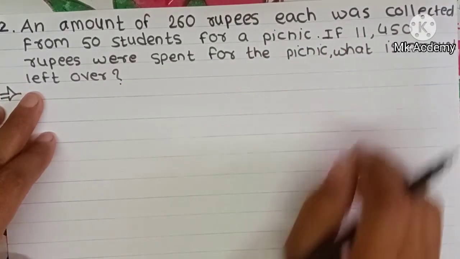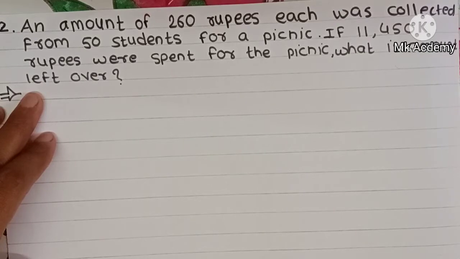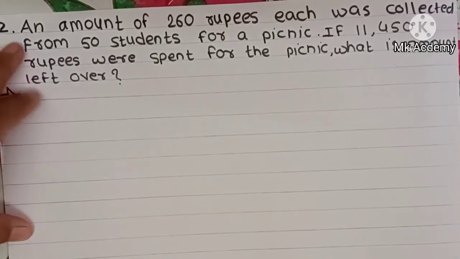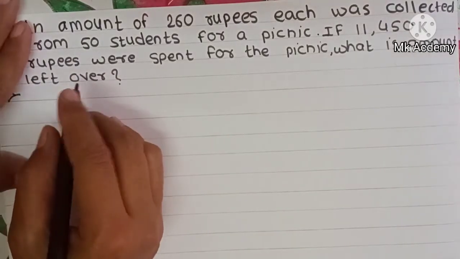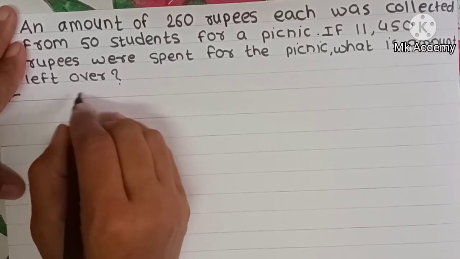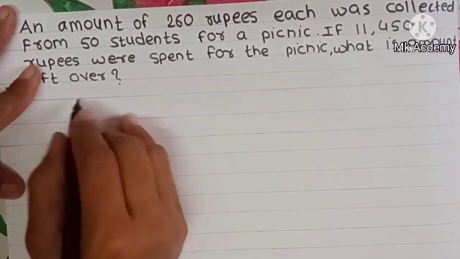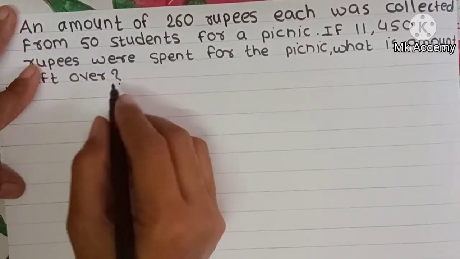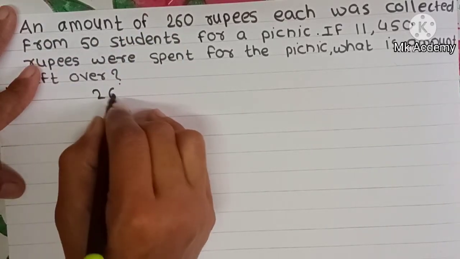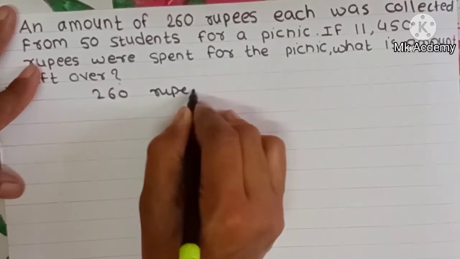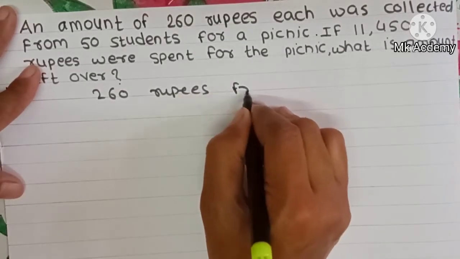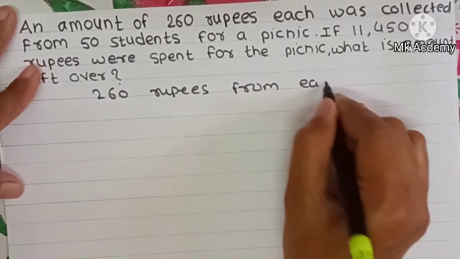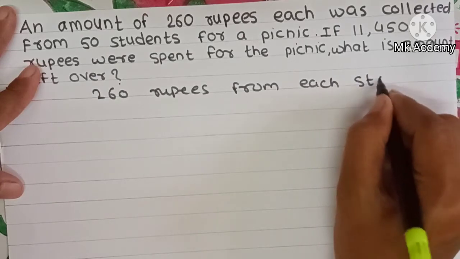Now first we calculate the total rupees collected from 50 students. First, an amount of 260 rupees from each student.